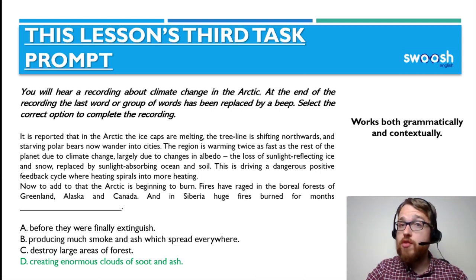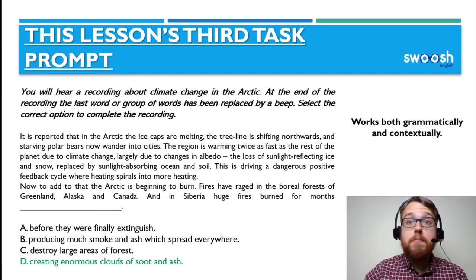Let's read it in part of the wider prompt. And in Siberia, huge fires burned for months, creating enormous clouds of soot and ash. So the main context of this listening prompt was climate change in the Arctic, and the Arctic is talking about the fire. More heat is creating more fire, and these fires are getting larger. They're burning for months.